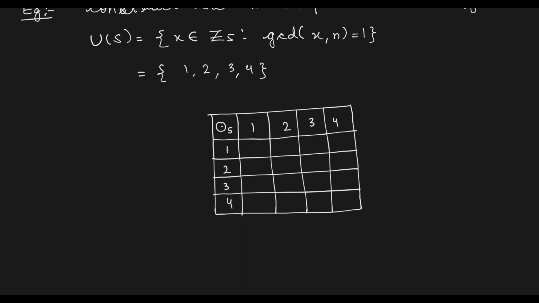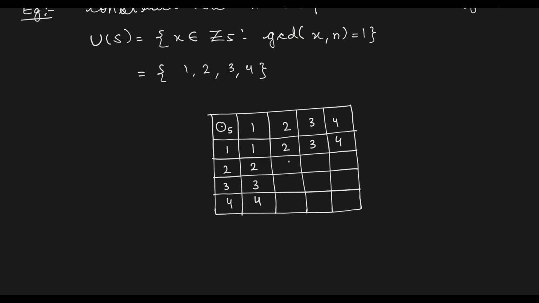So multiply this one with this one, the answer will be 1 only. 1 into 2, 2. 1 into 3, 3. 1 into 4, 4. Similarly here also 2 into 1, 2. 3 into 1, 3. 4 into 1, 4.